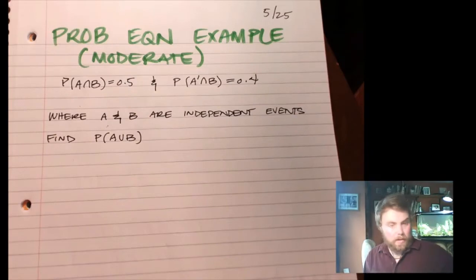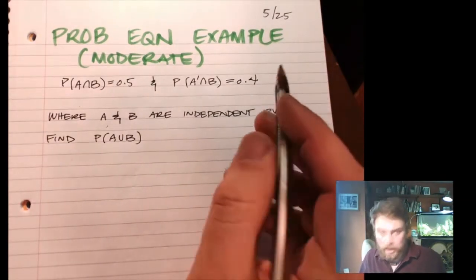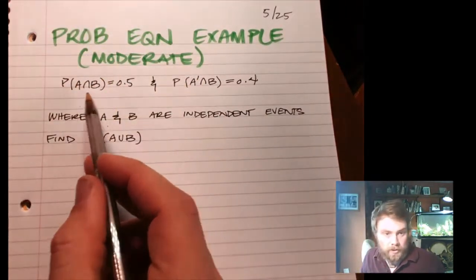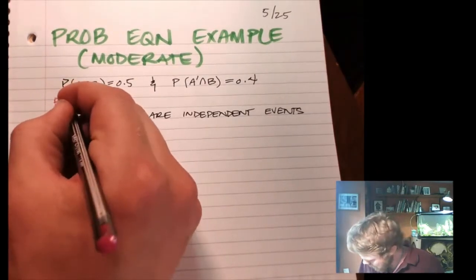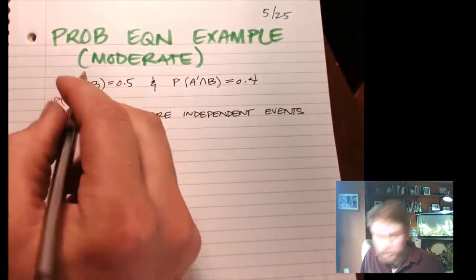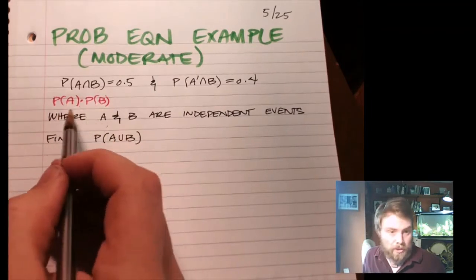In this kind of problem, it's important that it says they're independent events, because that allows us to use the formula that says this intersection here, 0.5, is A times B, the multiplication of the two, as if you were multiplying the branches of a tree diagram.